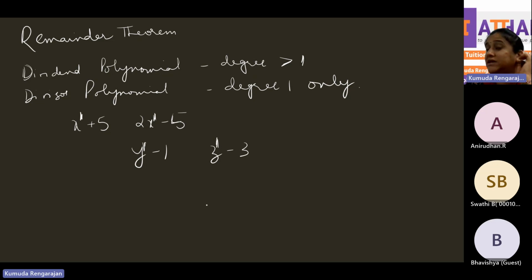The degree of the divisor should be 1 only to use the remainder theorem, and the degree of the dividend polynomial should be greater than 1.